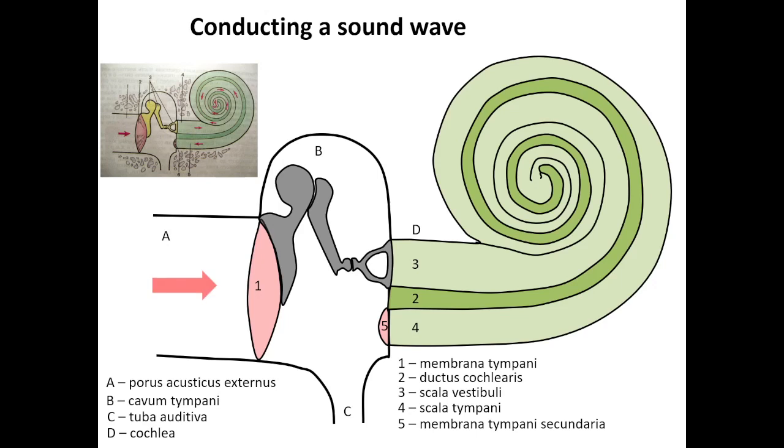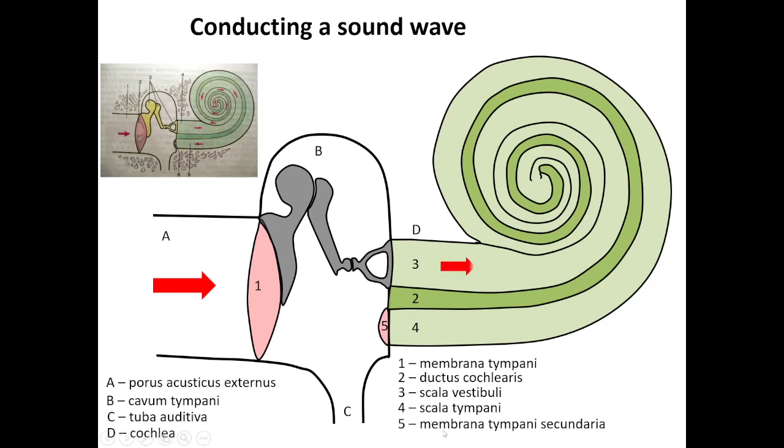And now this arrow shows us the direction of the vibrating air which passes through the external ear, from the external ear to the membrana tympani.